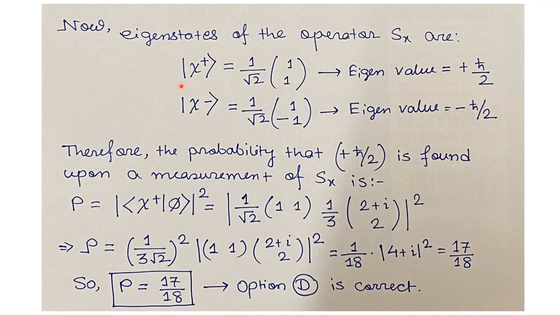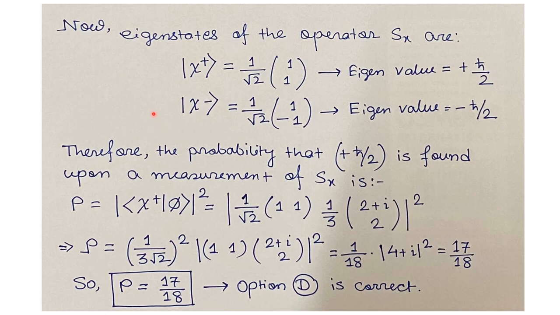The first eigenstate is chi plus, that is 1 by root 2 (1, 1), and it has the eigenvalue plus h cut by 2. The other eigenstate of the Sx operator is chi minus, that is 1 by root 2 times the column matrix (1, minus 1), and it has the eigenvalue minus h cut by 2.